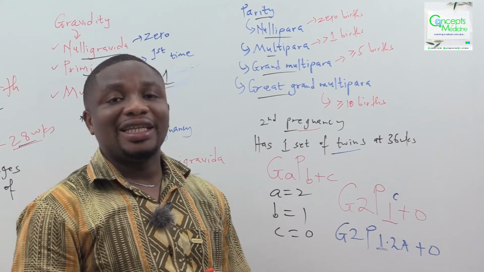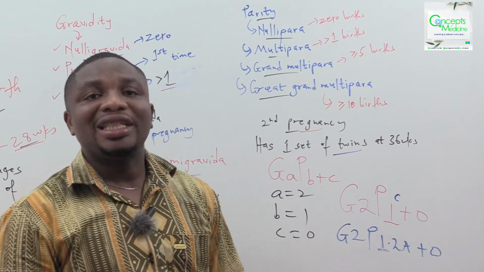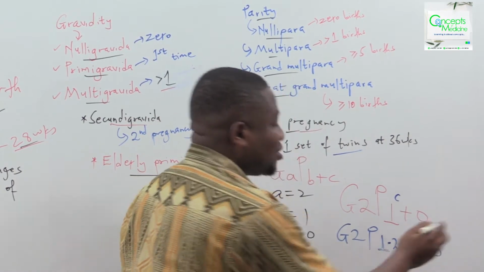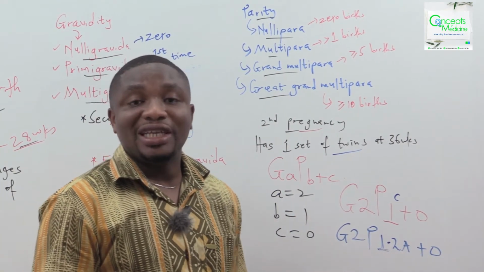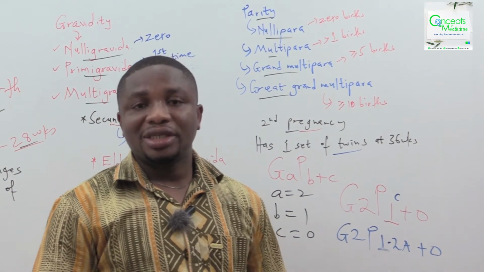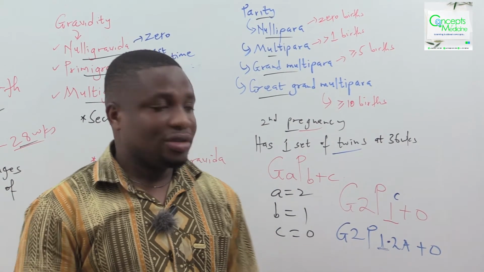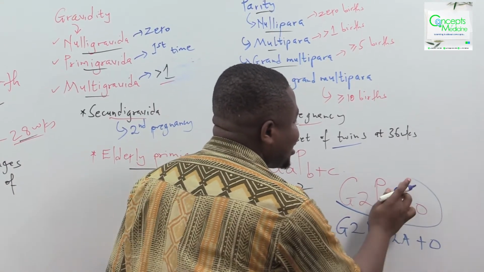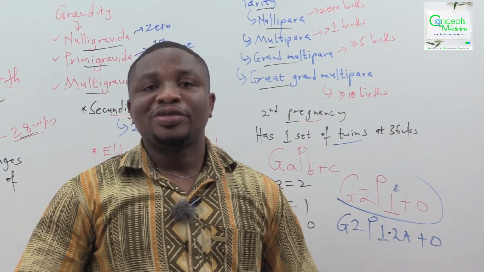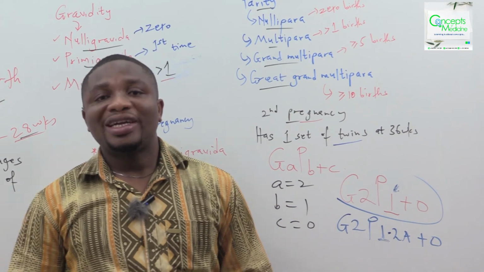We would regard it as one. But to express that they are twins, we'll say dot 2 alive, meaning 2 alive. How can one delivery result in 2? It is only in a scenario of a twin gestation. But in short, it can be represented as gravida 2 para 1 plus 0. Okay, we'll be looking at the next method.